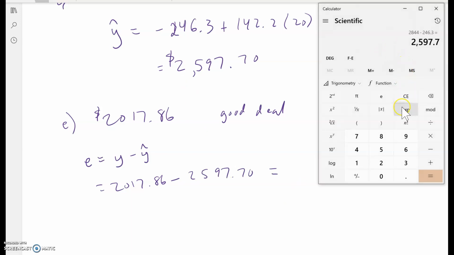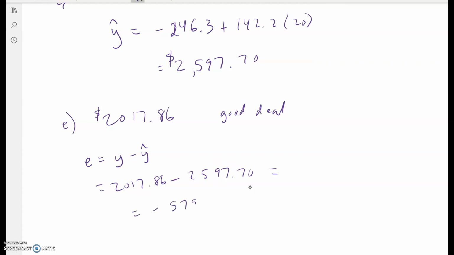And you get negative 579.84. So it's a negative residual because if you imagine that scatter plot, the dot, which would be 2017, is below the line, which would be at 2597.